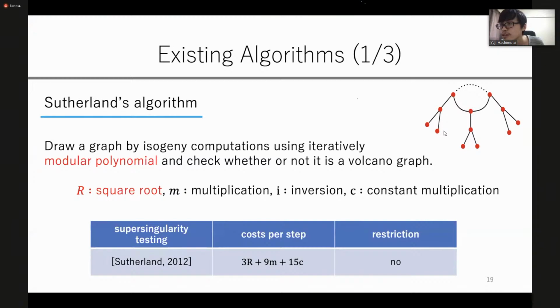Let R be a square root, M a multiplication, I an inversion, and C a constant multiplication. The cost per step of modular polynomial computation is 3R plus 9M plus 15C.